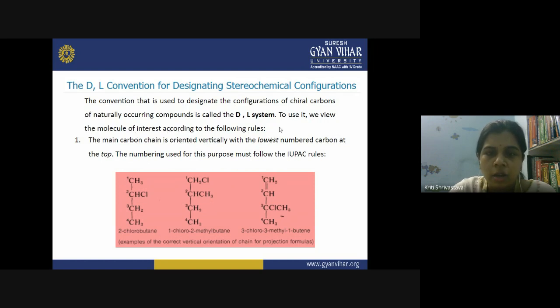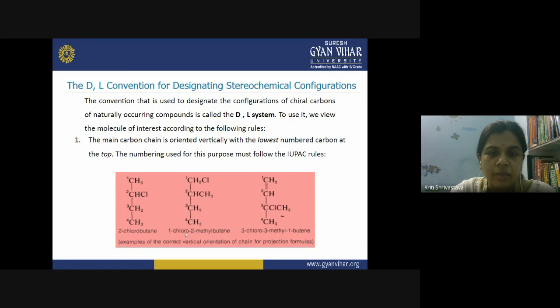Now we will discuss the rules to assign the D and L prefix to a particular stereoisomer. How will we give these names? First of all, an example is given here. This is 2-chlorobutane. Chlorine is attached to the second carbon atom, and we have a total of 4 carbons here.